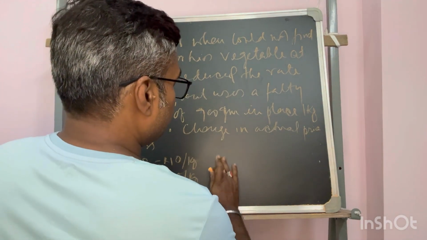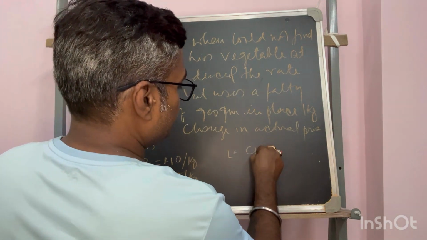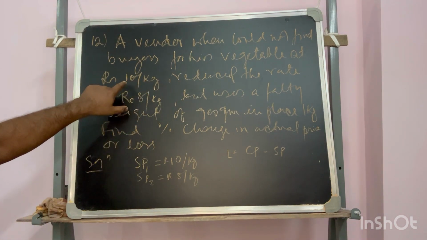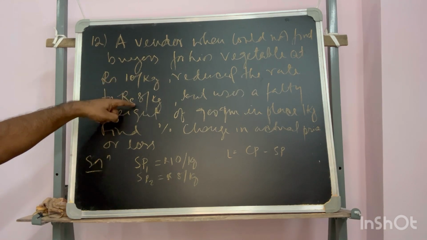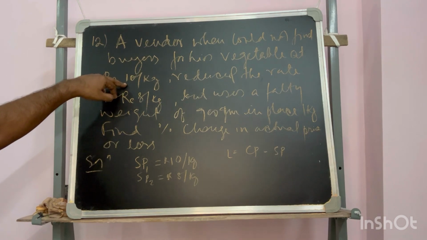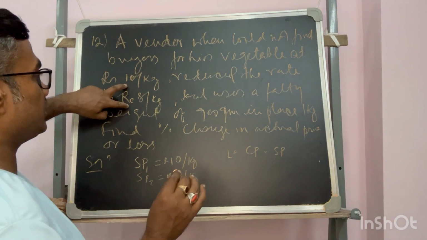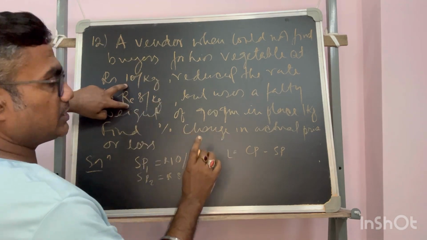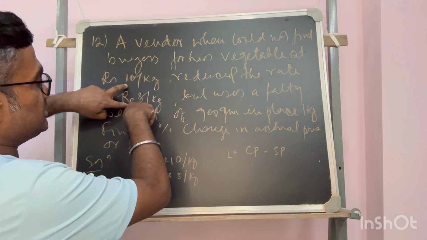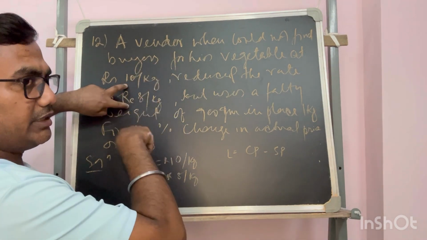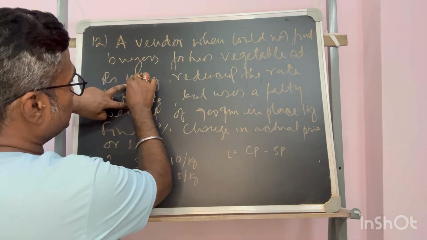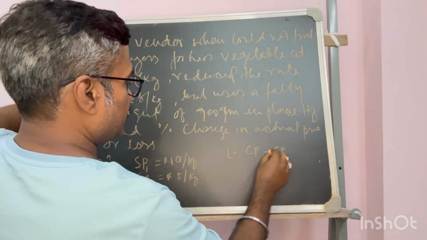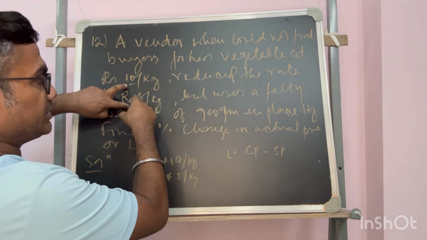If it is a loss, then it is cost price minus selling price. I don't know the actual cost price, but we can treat the initial decided value as the cost price, and the price at which he agreed to sell as the selling price.